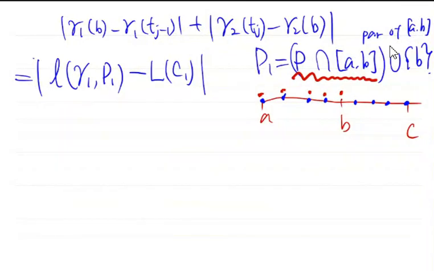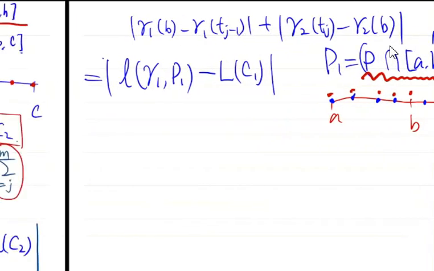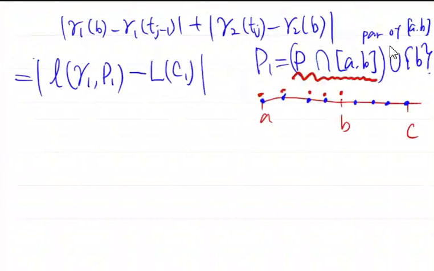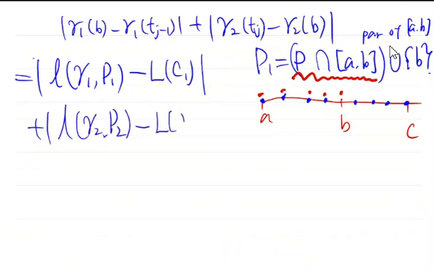Similarly, the second term in this sum is also the length of the inscribed polygonal of our curve C2 corresponding to a partition P2 of the curve C2. So I write the result first: plus L_gamma2(P2) minus L(C2).